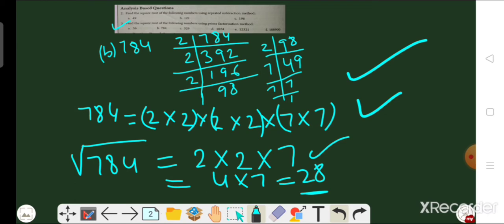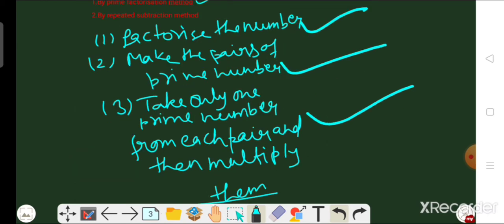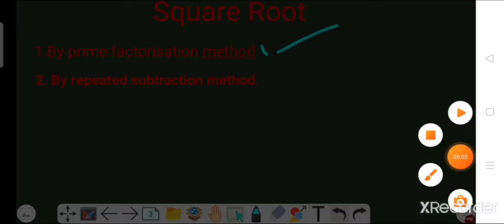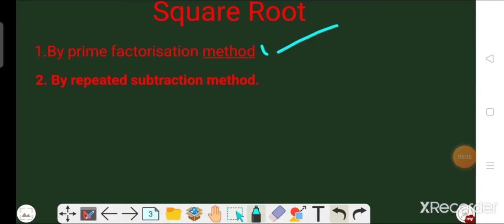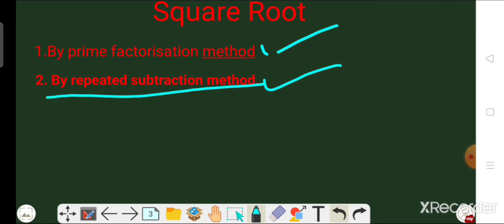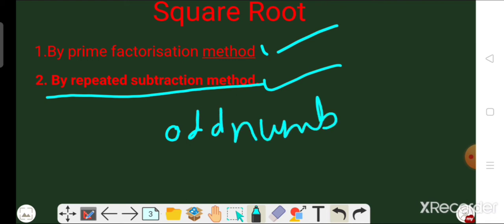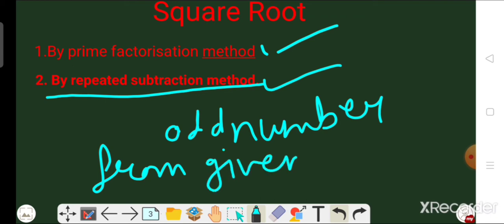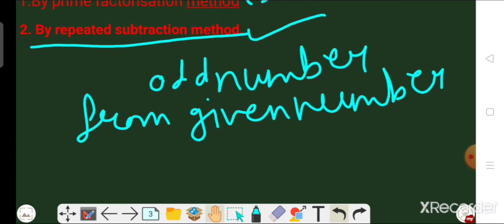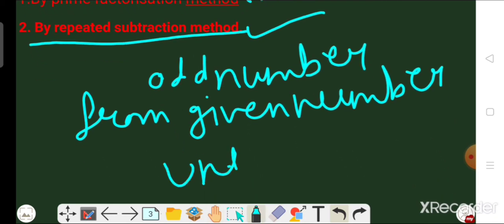Now we will learn about the second method. So the second method is by repeated subtraction method. In this method beta, we have to subtract the odd numbers from the given number until we get 0.